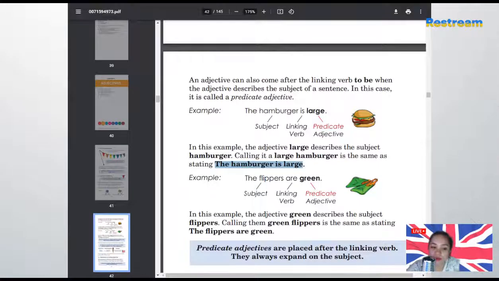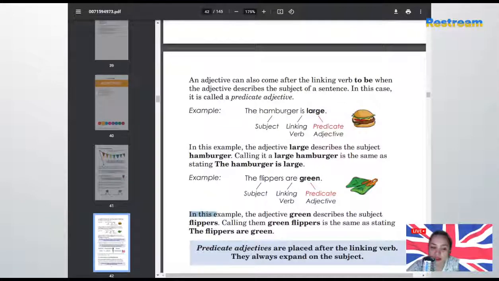Another example is "the flippers are green." Which one there is the subject? The subject is the flippers. We also have here a linking verb, right? As you can see, we start with a subject or a noun, and right after we have the linking verb before the adjective or the predicate adjective.